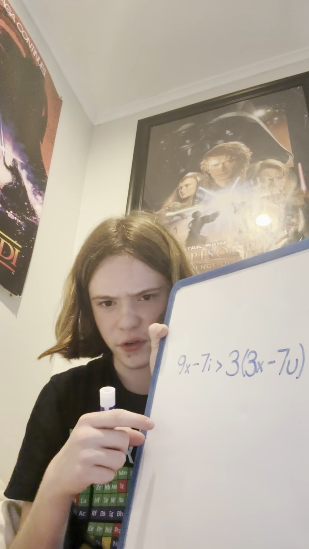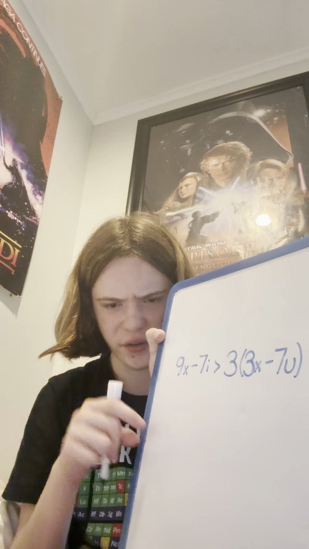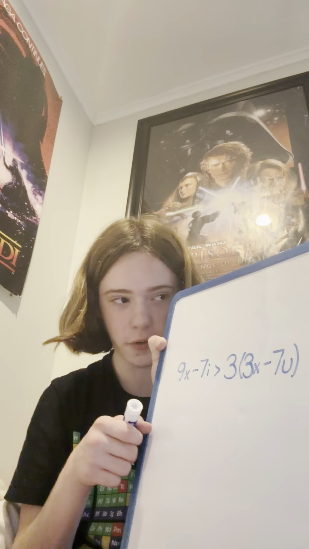And on to this next expression. This one is not an expression. This one is actually an inequality. You take 9x minus 7i, and that is greater than 3 times 3x minus 7u. Now, what do you do with this? Well, let's try and simplify this and solve for whatever we can.